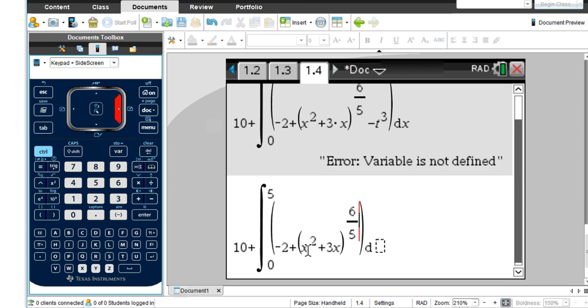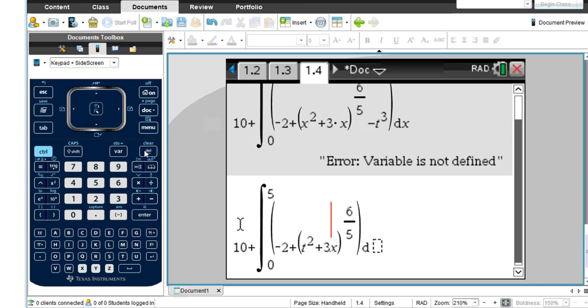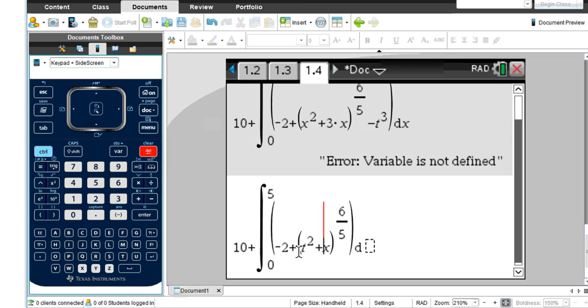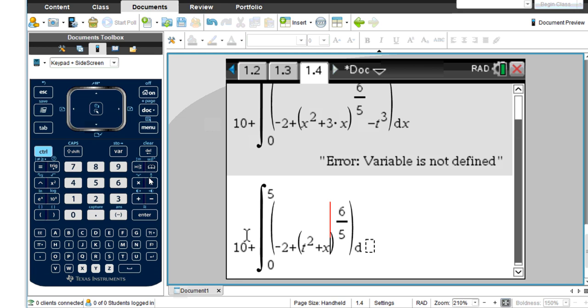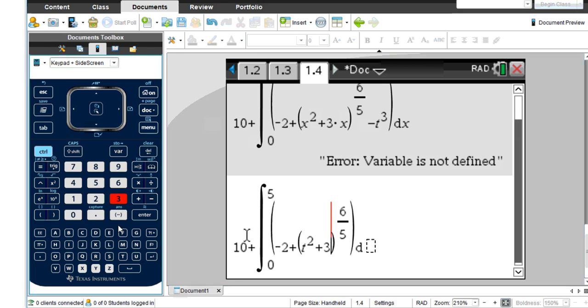And what I want to do is try to use a different variable here. I'm going to just use t, see if this helps us out. 3t. We come here, and we're going to have minus t cubed and dt. I hope this works better.